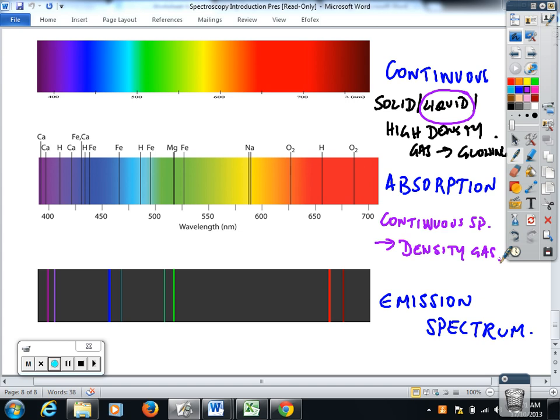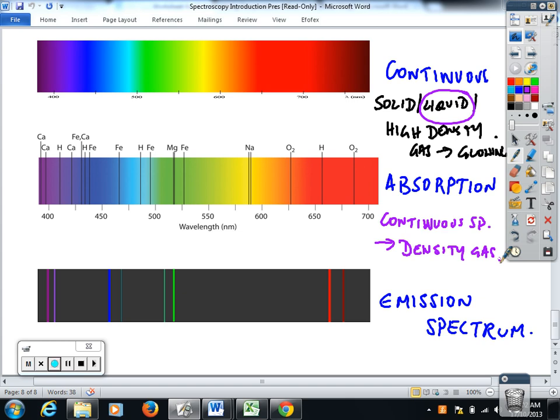Okay. This is what we see of the spectrum of the sun, because the outside of our sun is low density gas. That's its atmosphere. But the core of our sun produces this, and then the gas of the atmosphere creates an absorption spectrum.